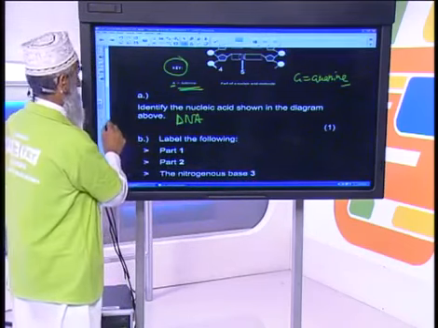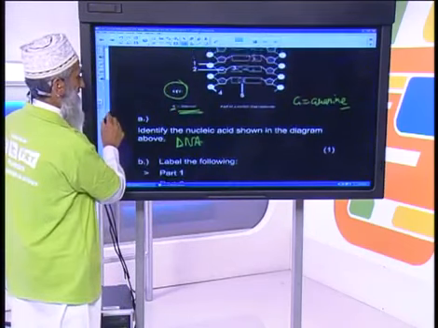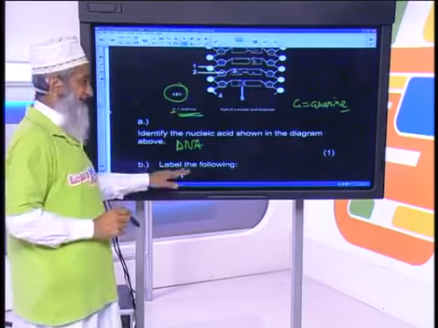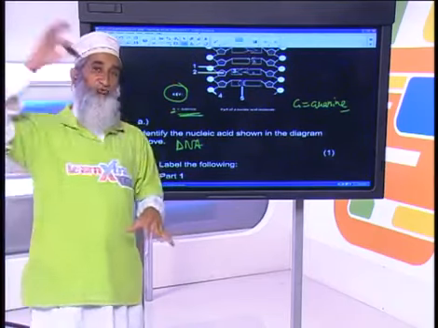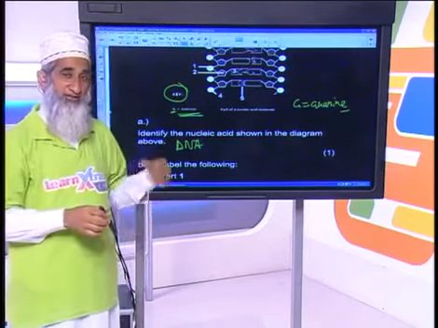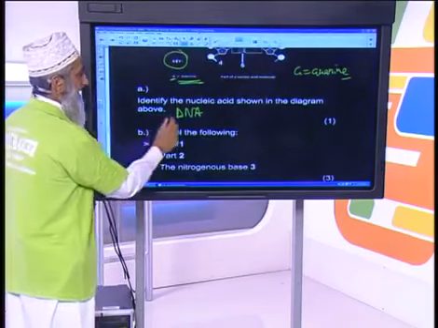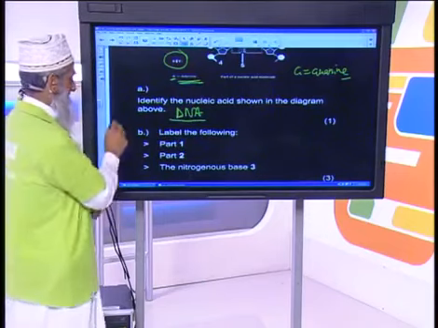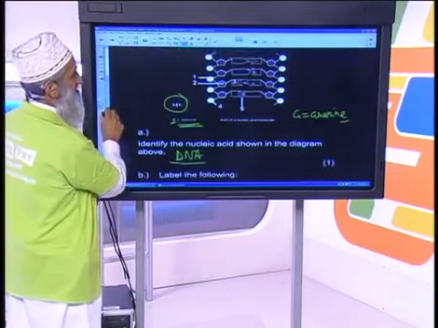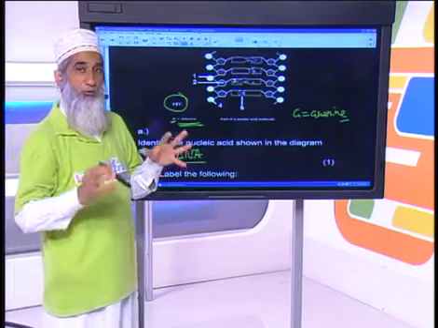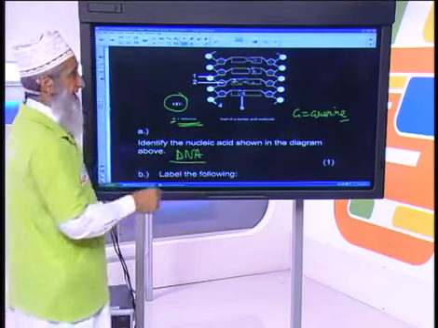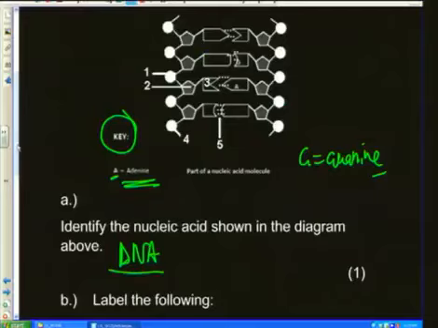Okay? Now, I can ask you another question before we even look at the next question here. After you've learned both molecules, another question may ask you, give a reason for your answer. In other words, why are you saying that this is DNA? In this particular diagram, there's only one proof at the moment, and that is that it has two strands.